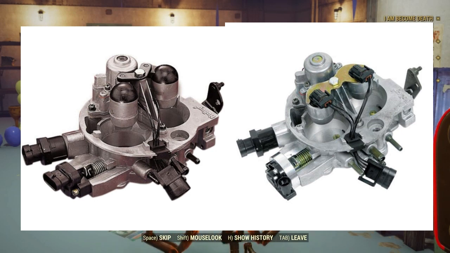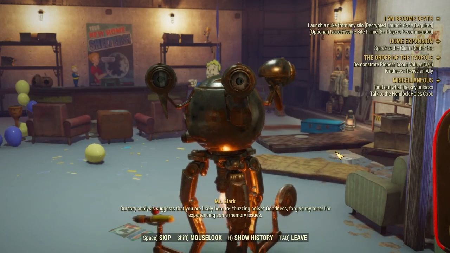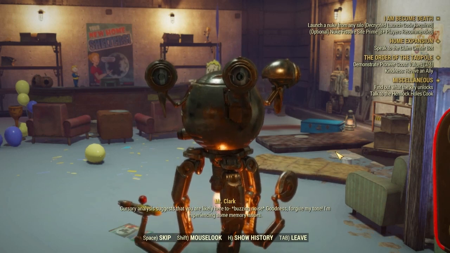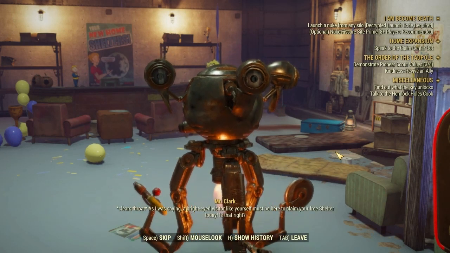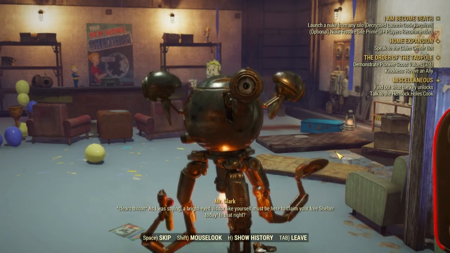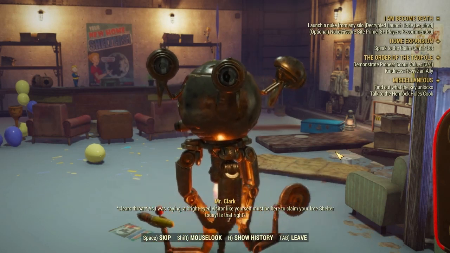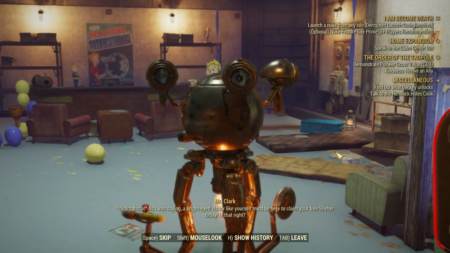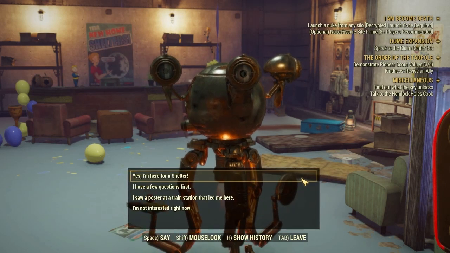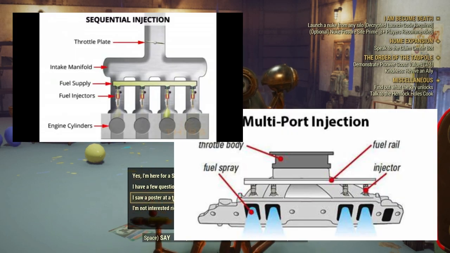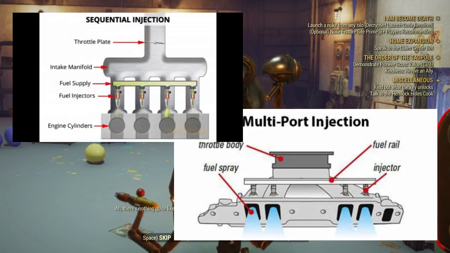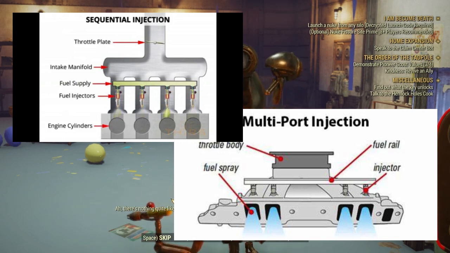The early EFI systems looked like a carburetor, but they were electronic. It was basically an electronic carburetor. Now, after that, technicians and engineers continued to experiment and create new parts and keep poking and prodding until they came up with sequential or multi-port fuel injection.